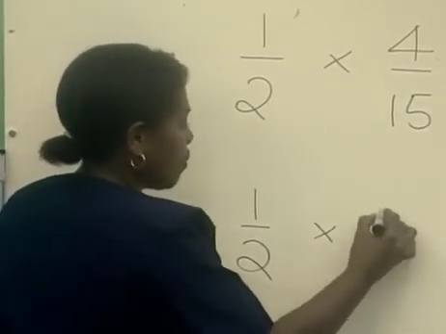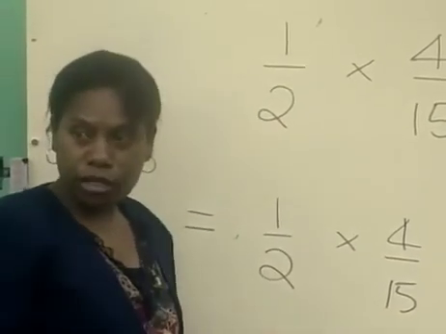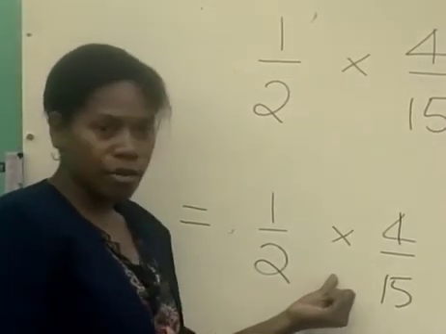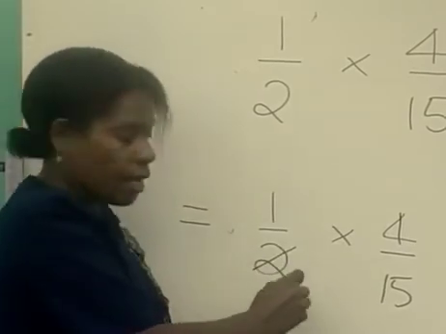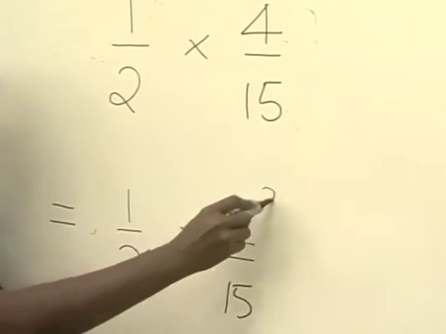A half times 4 over 15. We cancel 2 and 4 because they have the common factor 2. So 2 into 2 is 1, and 2 into 4 is 2.